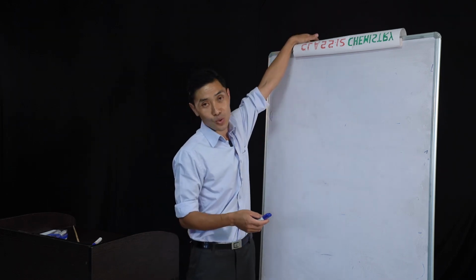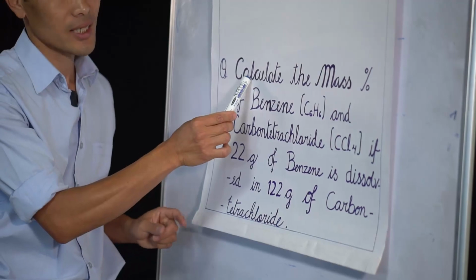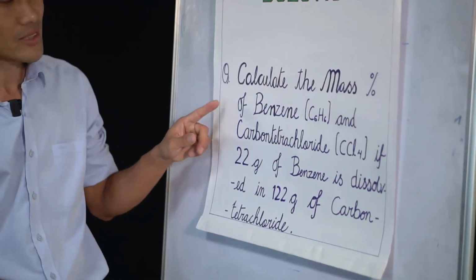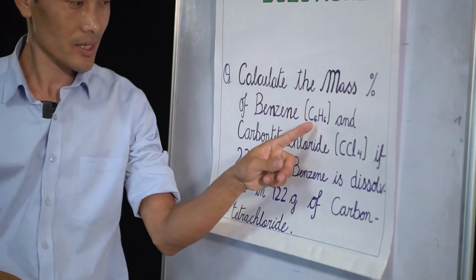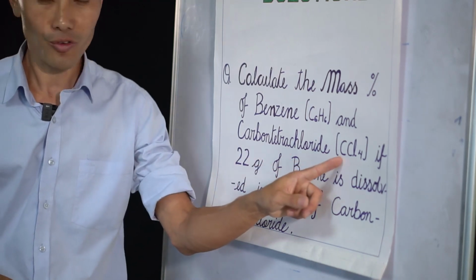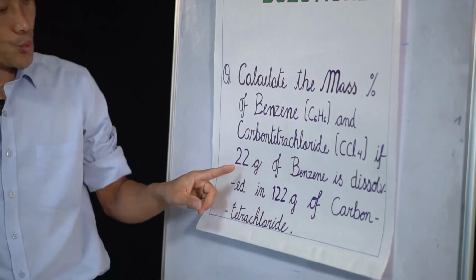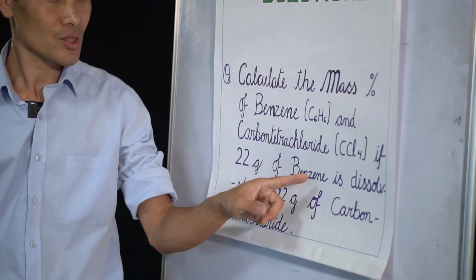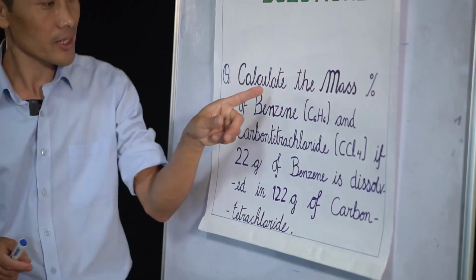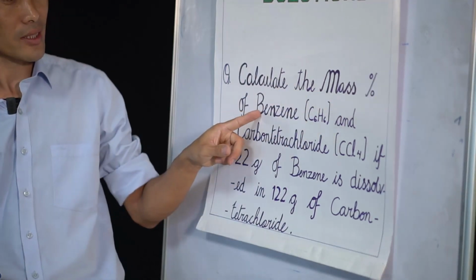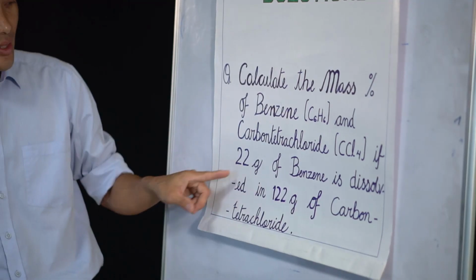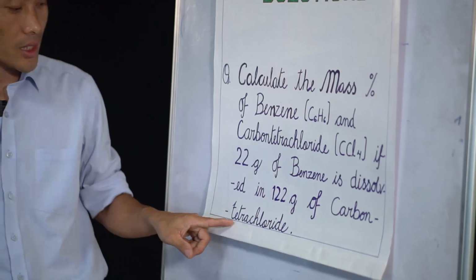So please write down this question. Calculate the mass percentage of benzene, that is C6H6, and carbon tetrachloride, that is CCl4, if 22 gram of benzene is dissolved in 122 gram of carbon tetrachloride.